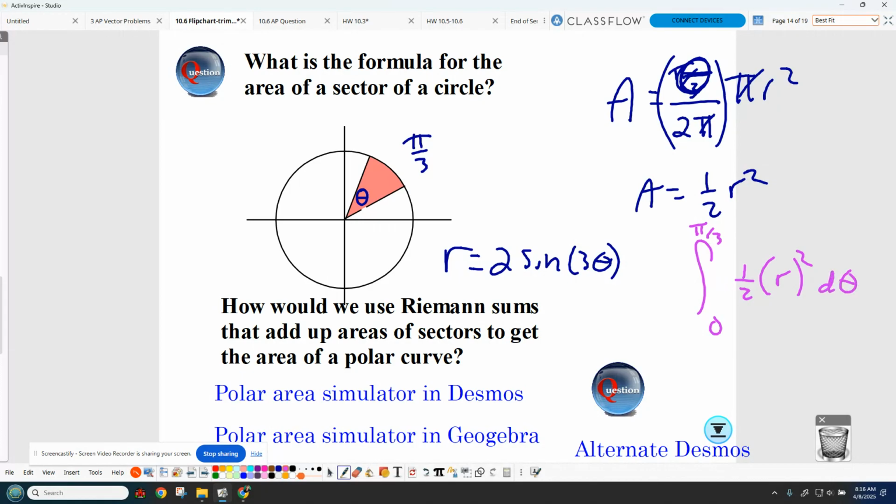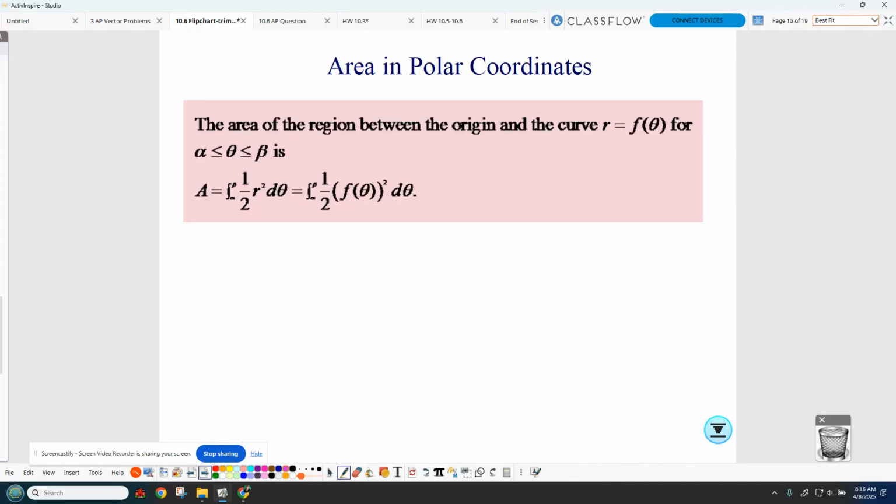That's how we would find the area of that pi slice, 0 to pi over 3, I don't know, whatever region I wanted. Okay. There's the equation, sorry, it's stupid looking. So that's alpha to beta. And r is some equation for the radius, it's no longer just 4. We have to be complicated about it.